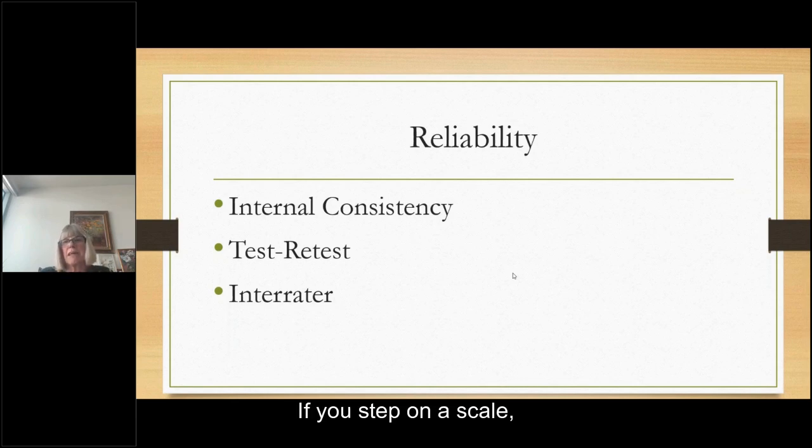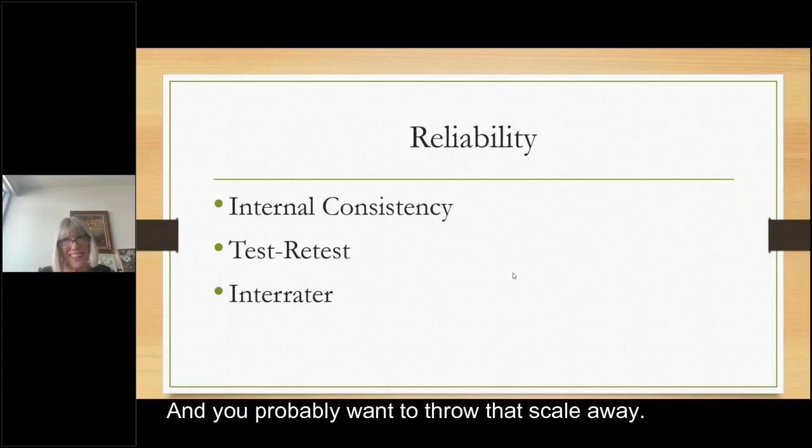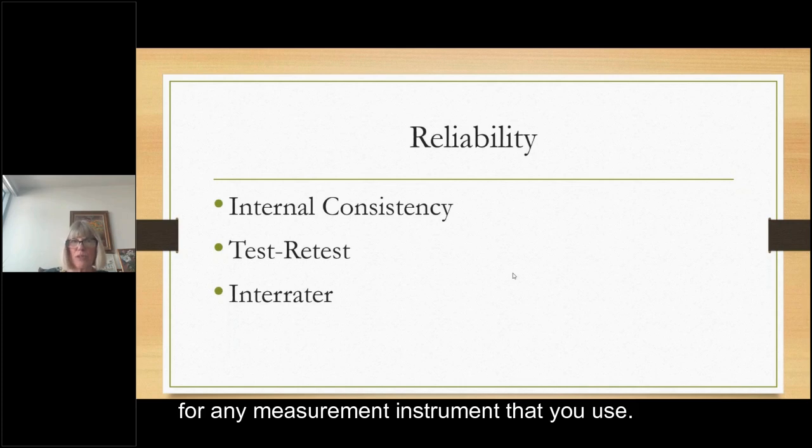You step on a scale, you get a number. What does that number mean? We don't know, but it's a number. If I get off the scale and step on it again, is it close to what I just got? If it isn't, it's not consistent and it's fluctuating widely, and you probably want to throw that scale away. The same concept goes for reliability for any measurement instrument that you use.